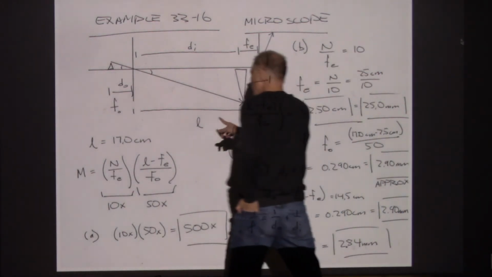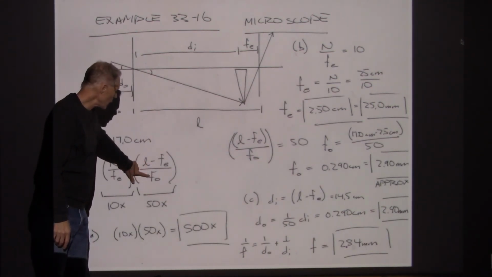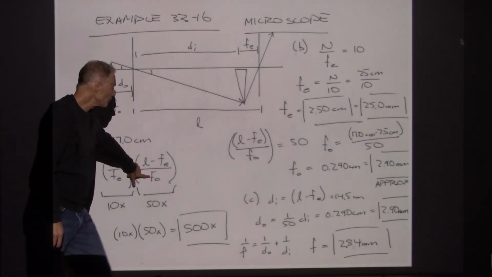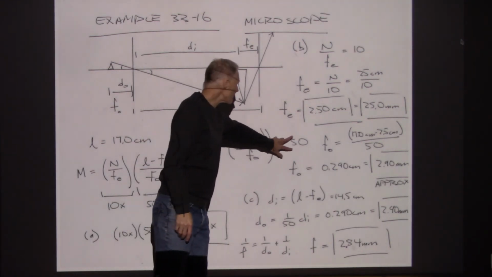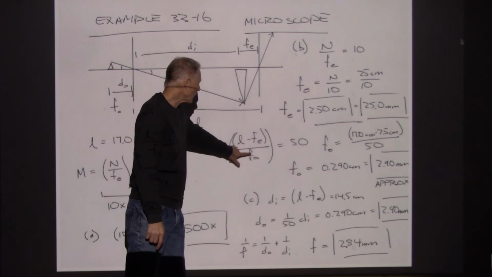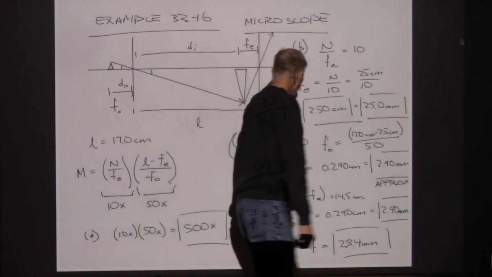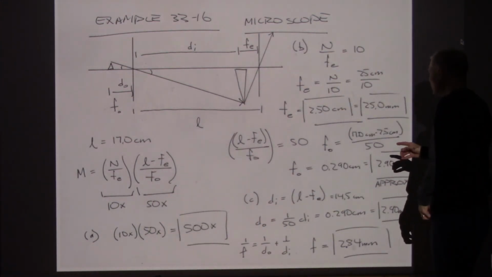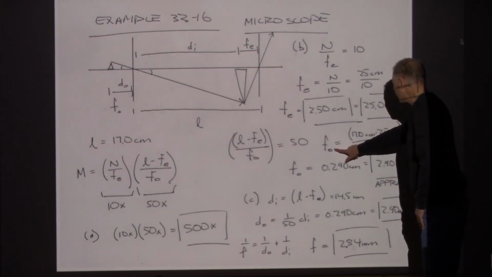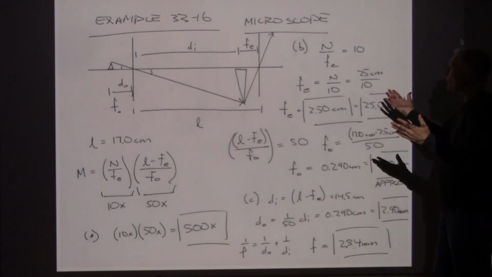Now the other part of the formula says L minus Fe over Fo needs to give us that factor of 50. So I can use that to solve for the focal length of the objective. For that, if the focal length of the objective is given by that expression, I have all those numbers.